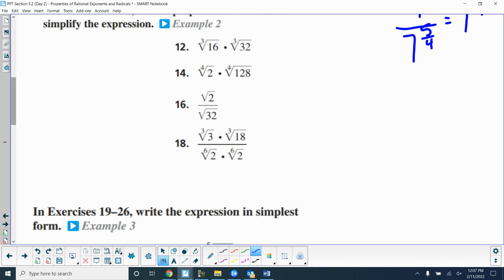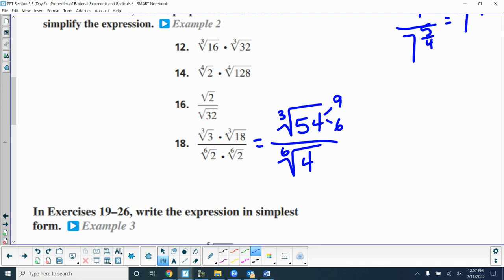So since these are the same radical, I'm just going to multiply. What's 3 times 18? 54? Is that right? Yeah, 54, right? What's 2 times 2? 4. All right, so that's what we have right now, right? So I should try to simplify these, all right? And 9 times 6, 3 times 2, 3 times 3. Can I simplify that radical?